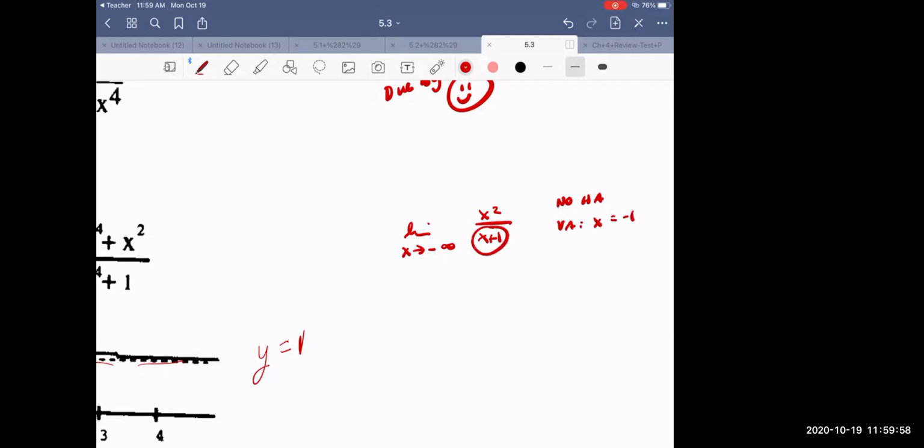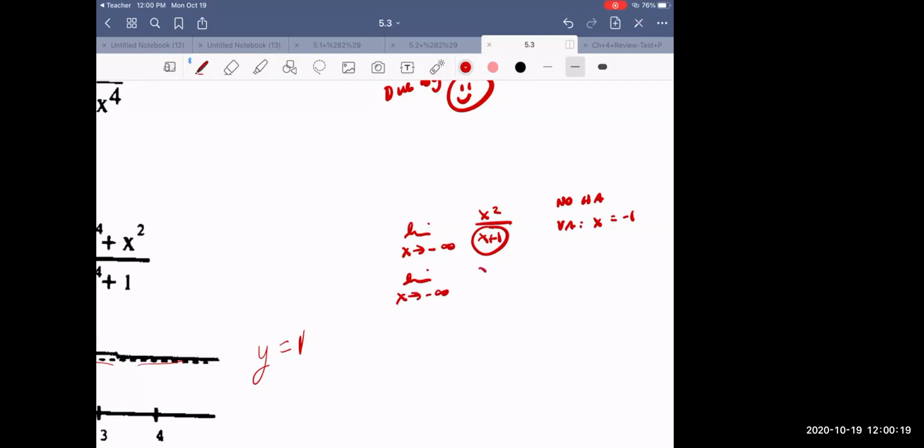But what they wanted you to do was evaluate it, right? So let's see. At this point, you're dividing by the highest degree of the denominator. So that would be the limit as x approaches negative infinity.